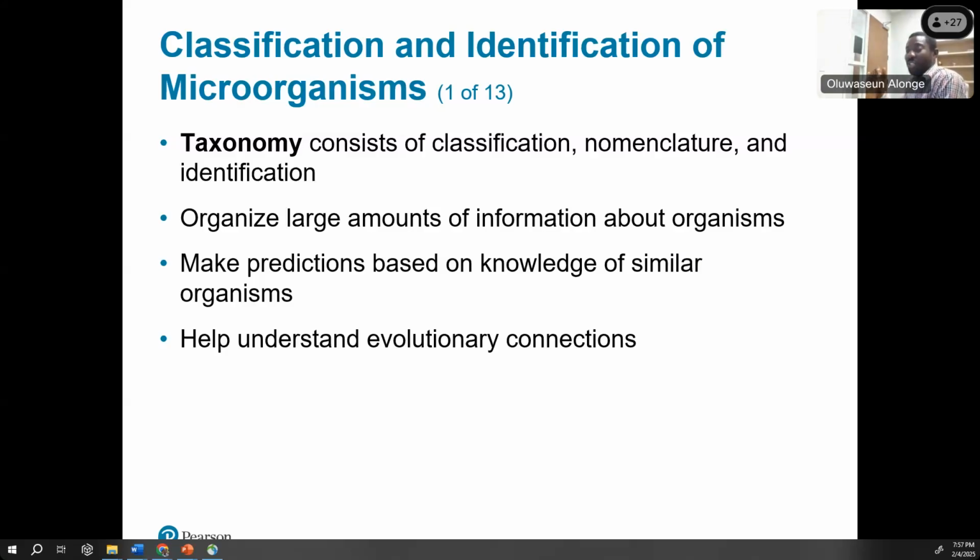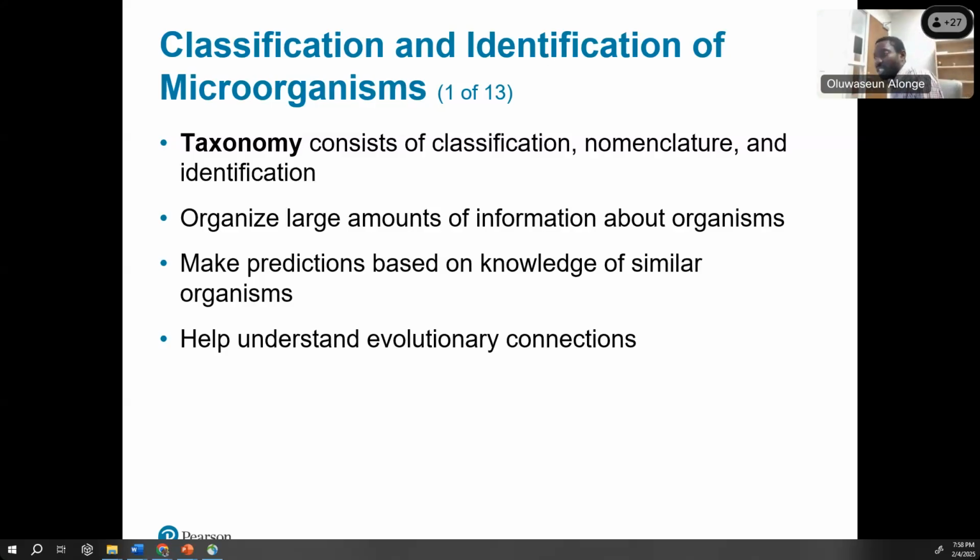So if you discover a bacteria now, you already know what the characteristics of the bacteria will be. You know that it's a prokaryotic cell, that's number one. You know that it has circular DNA, number two. You know it's going to be unicellular, number three. How do you know all of that? Because we already know that prokaryotic organisms have those features. So taxonomy talks about classification of organisms, naming them, and identifying them.